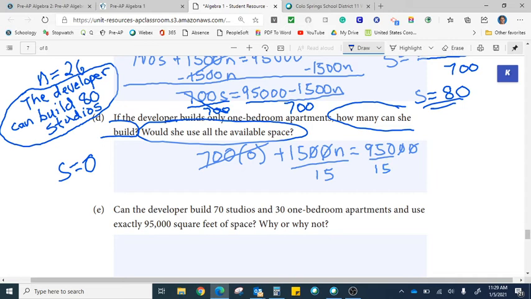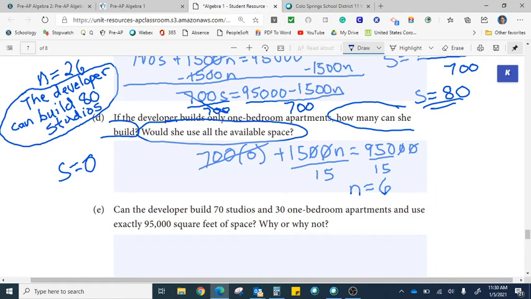Okay. 15 goes into 950 how many times? All right, well, how many times does 15 go into 90? 15 goes into 90, let's see, 15 goes into 30 2 times, so double that would be 60. Double, another set of that would be, how about 6 times?